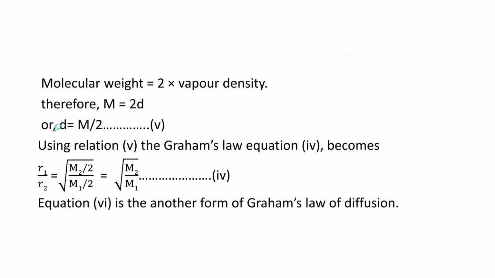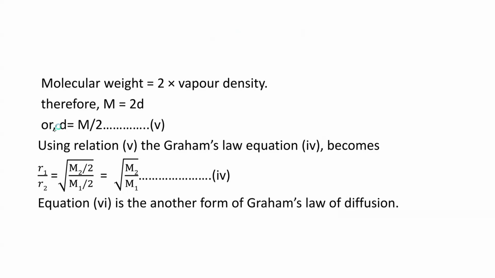Remember, there is a formula that gives us a relationship between molecular weight and vapor density: molecular weight is equal to 2 times vapor density. So it means that density is equal to molecular weight all over 2. Therefore, we substitute our density with M2 over 2 and M1 over 2.